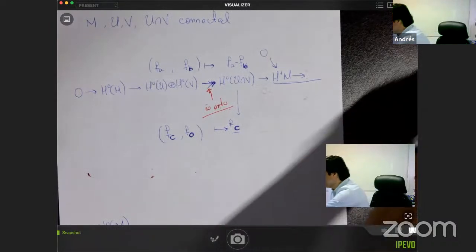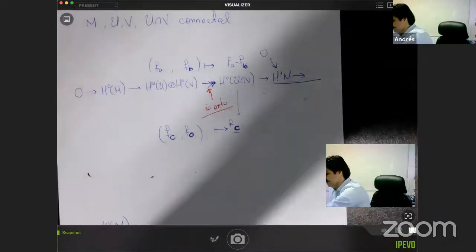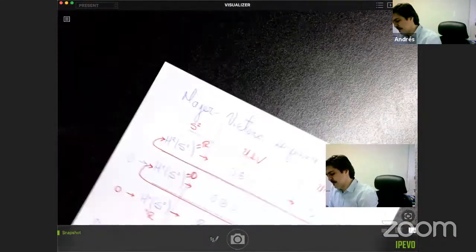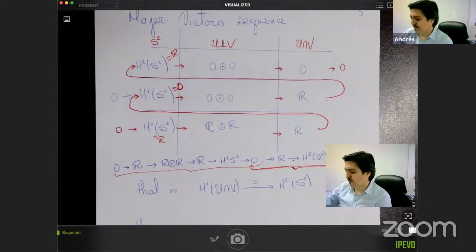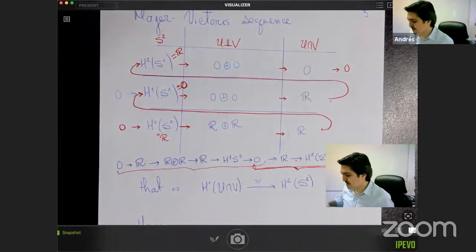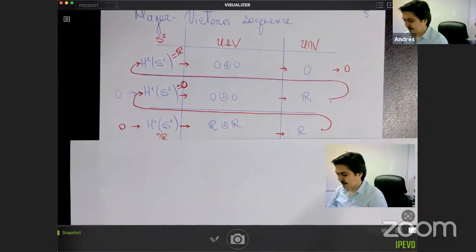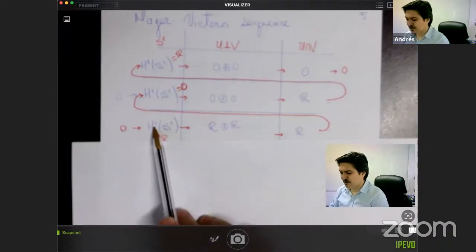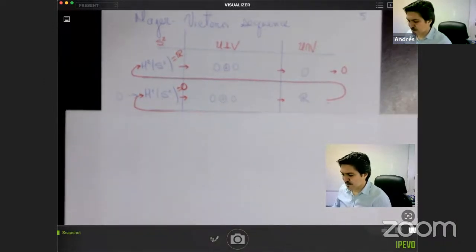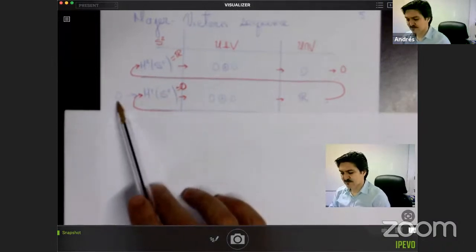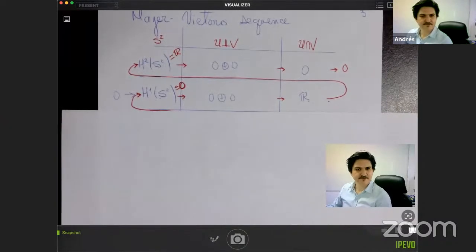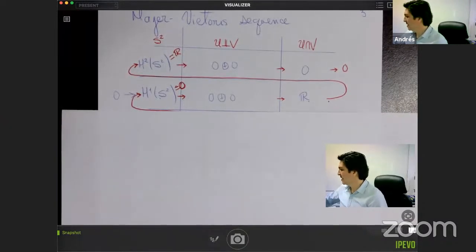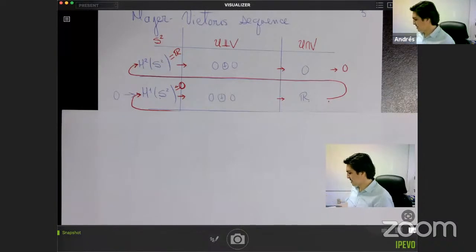Good. So we can simplify the Mayer-Vietoris sequence in that case. And instead of starting in degree 0, we can start in degree 1, with 0, and all of it. Okay, so that's a simplification that we can use.